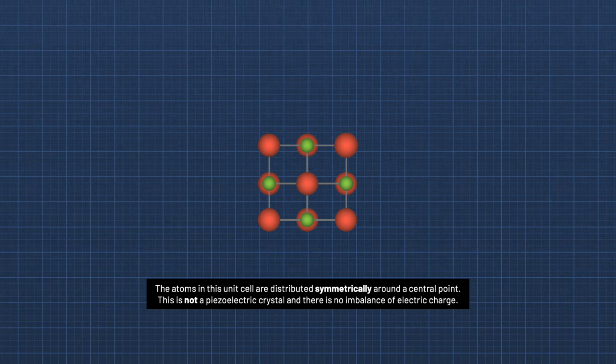All these atoms are distributed symmetrically around a central point of charge. You can think of it almost like a center of mass that is perfectly balanced in the middle, but in our case, it's the center of charge. So this symmetry of the crystal is what makes them non-piezoelectric, all right?